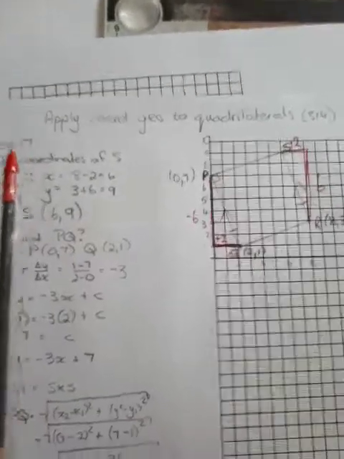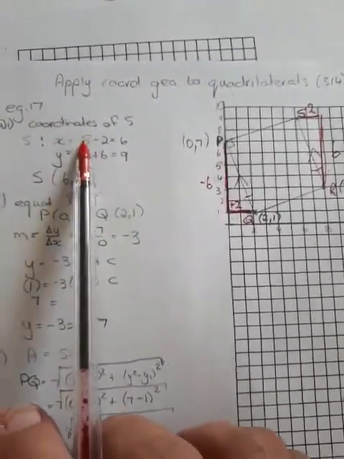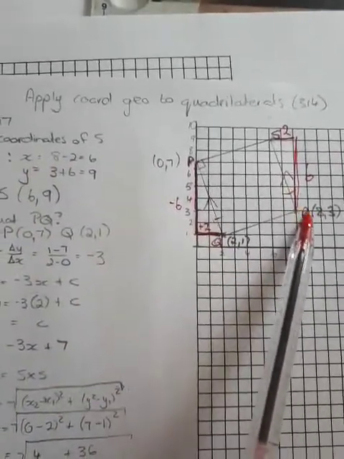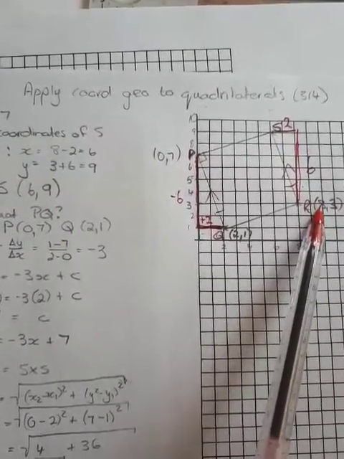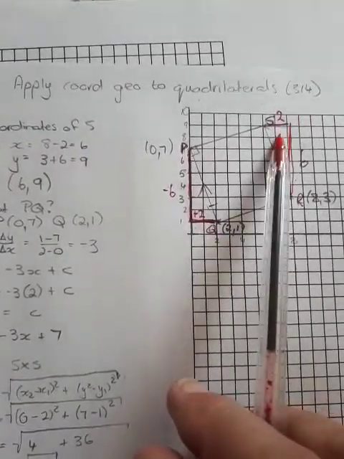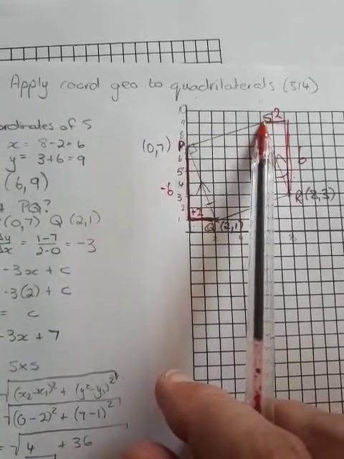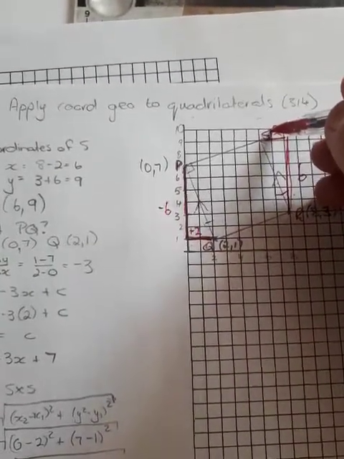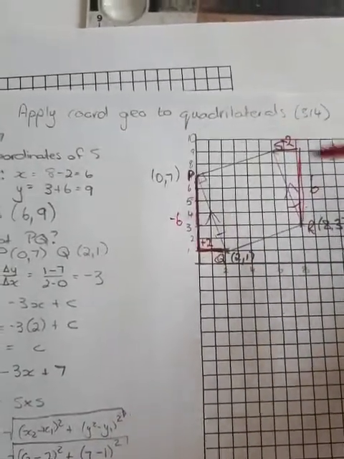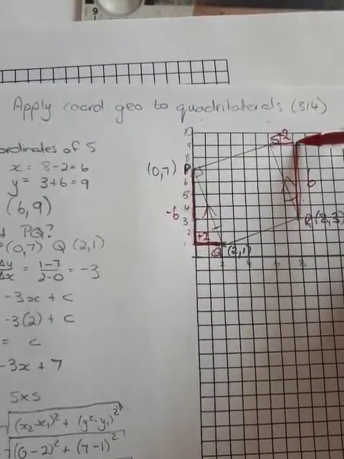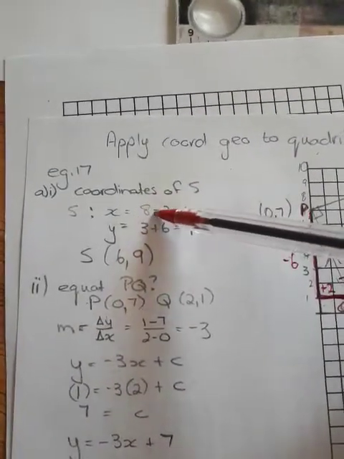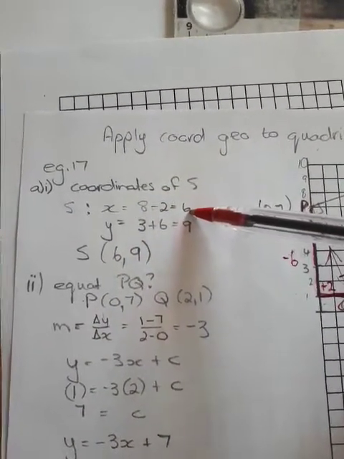For the x value, look here, R has 8, and we are moving 2 to the left, so this becomes -2. So to find S, we go from 8 and move 2 to the left, so it is 8 minus 2, which equals 6.